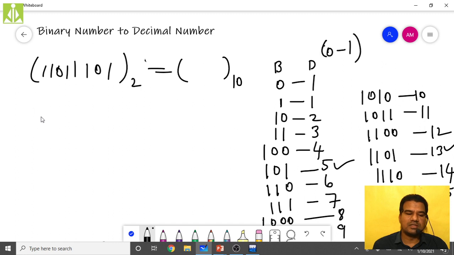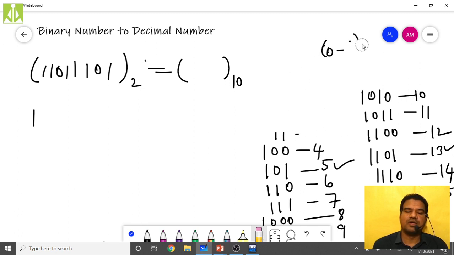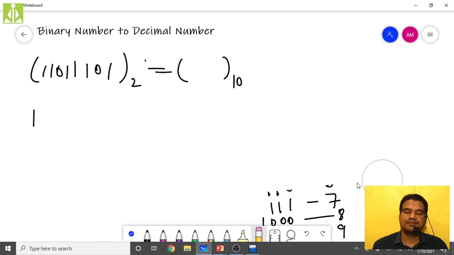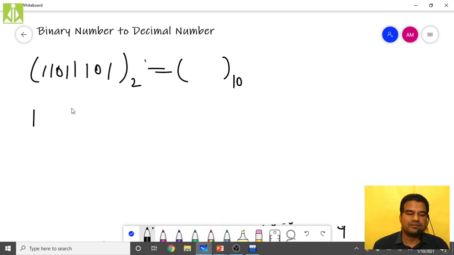So write these numbers separated. Shall we erase this, because we already did it. I'm removing this. Now, 1 1 0 1 1 1 0 1, 11011101, this is our number.